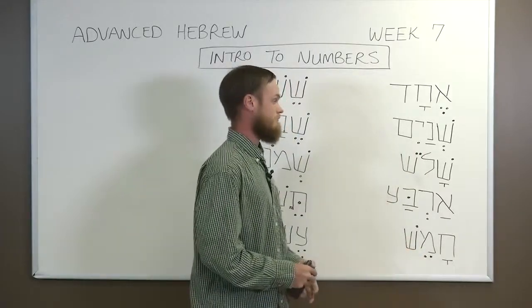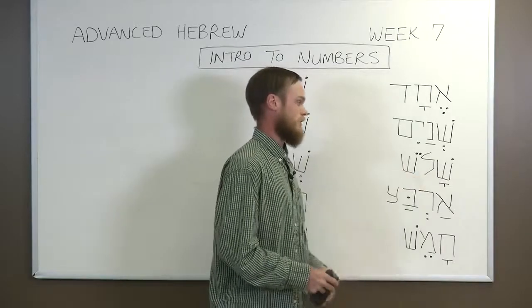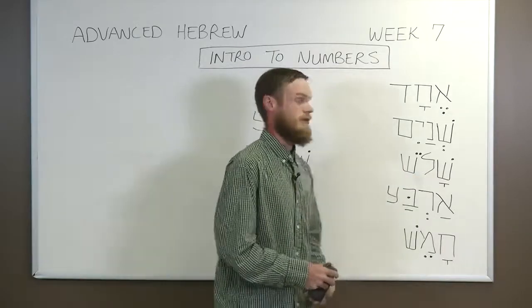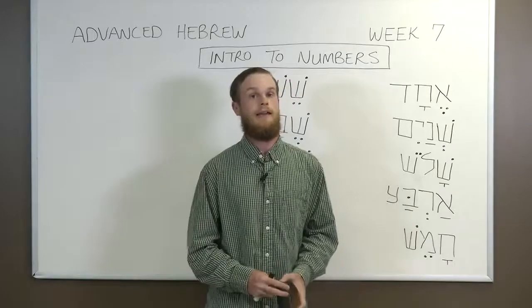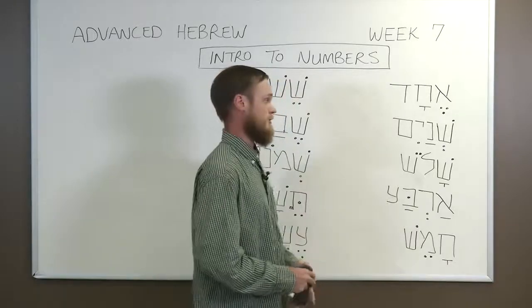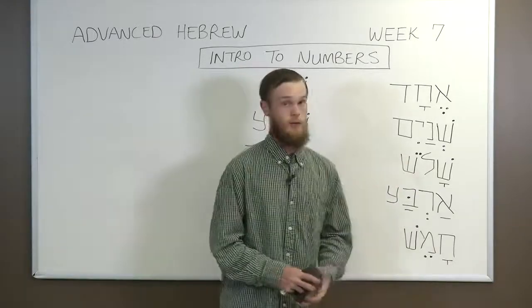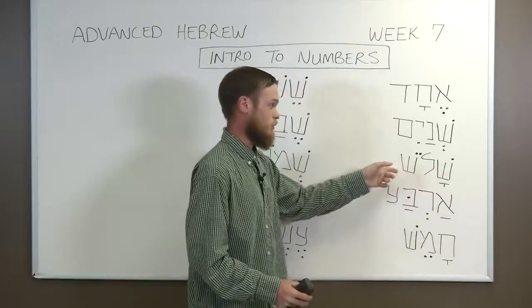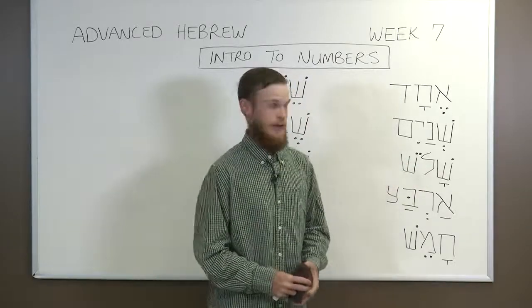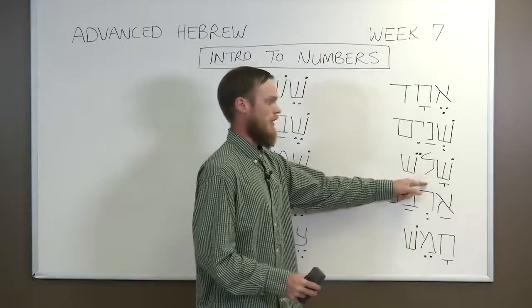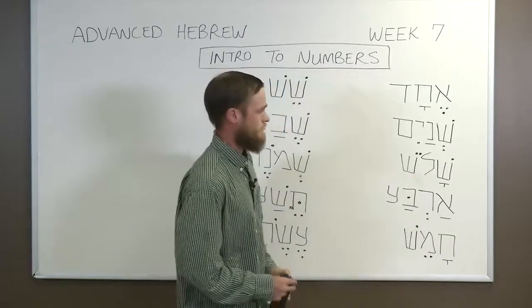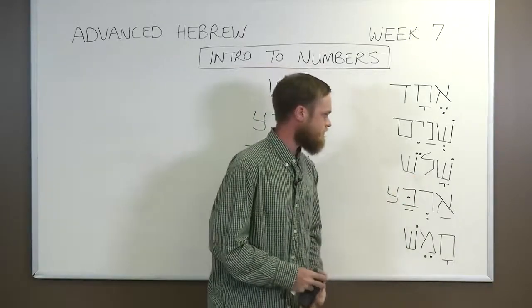But if you note the absence of a vowel next to a letter and you note that there's a sheen or a seen next to it, that usually can't account for that absence. They're just combining the dot of the sheen with the cholam vowel. So this is pronounced shalosh, not shalsh. If it was shalsh, there would be a shva under here. So it is shalosh for 3.